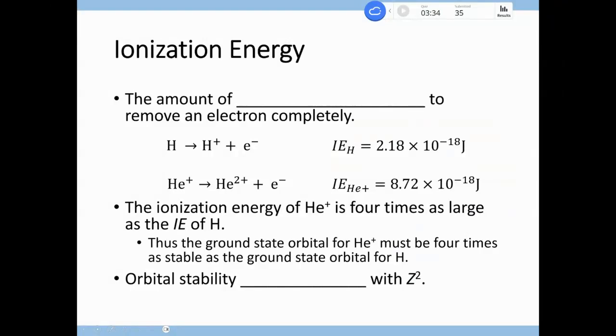Ionization energy is the amount of energy required to remove an electron completely from an atom. So again, here we're comparing hydrogen and positively charged helium.